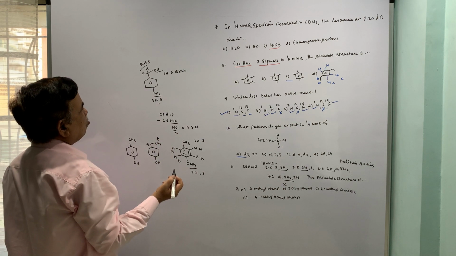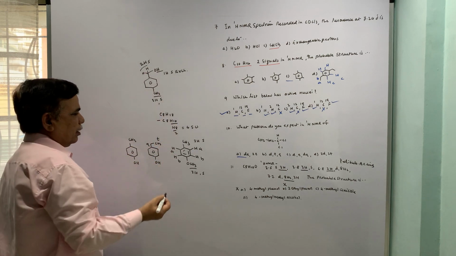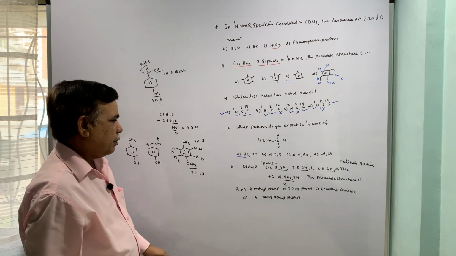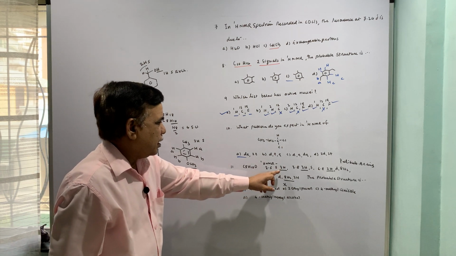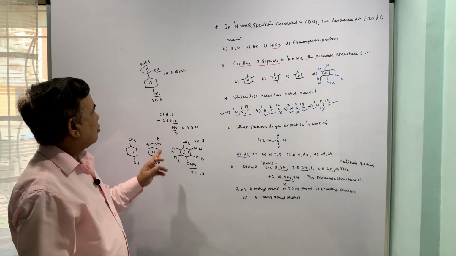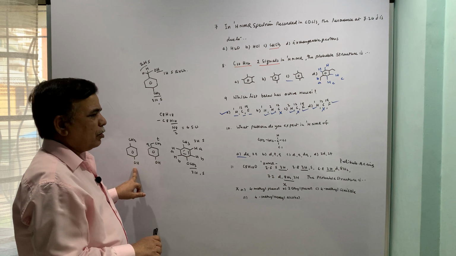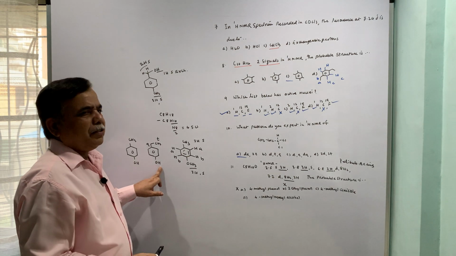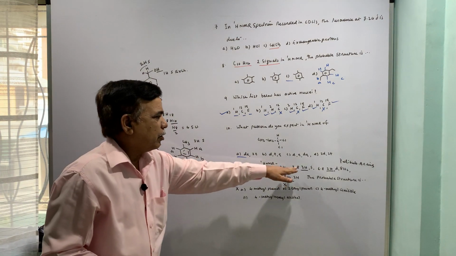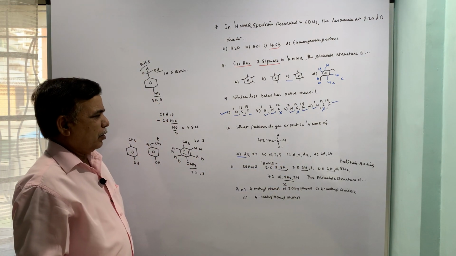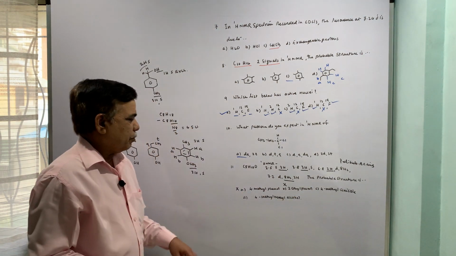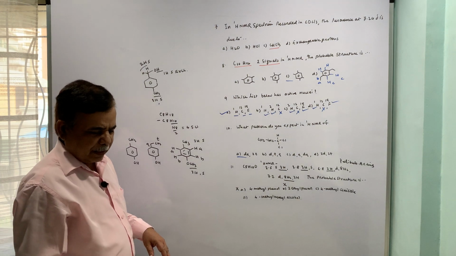So 2 protons are there, so we need 6 protons here. No exchangeable proton is mentioned in that. So this is ruled out on the basis of exchangeable proton. This is also ruled out. This is also ruled out because we don't have hydroxyl proton, which is not given by the proton NMR data. So obviously anisole is the correct option. Rest of the options are incorrect.